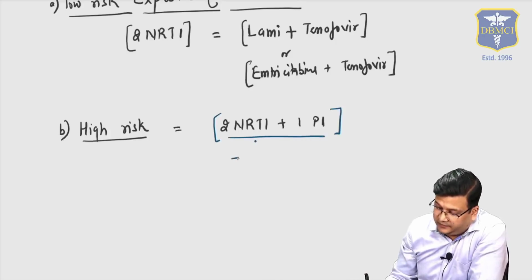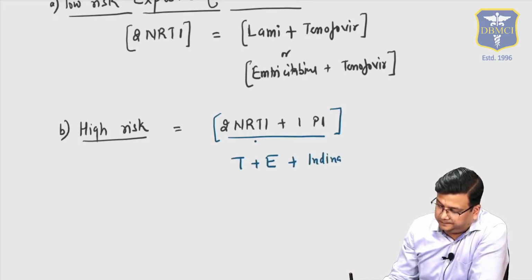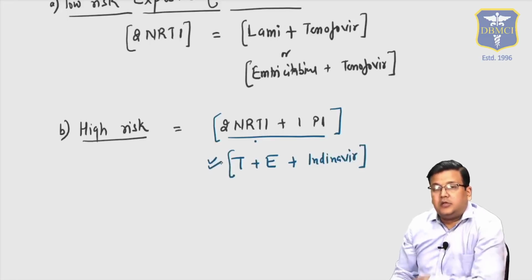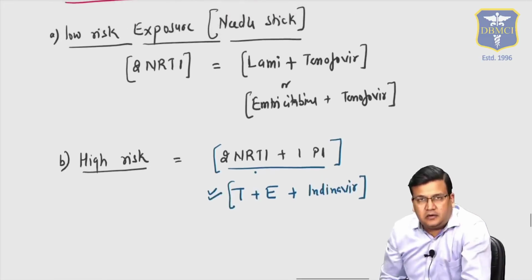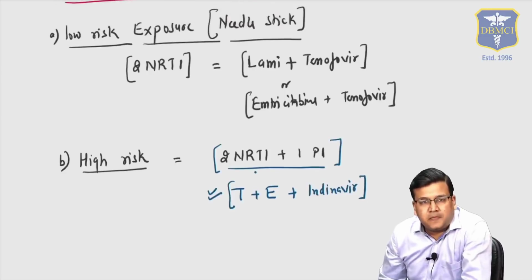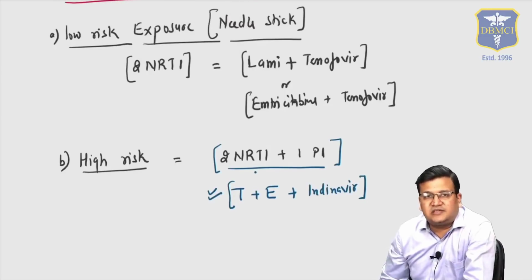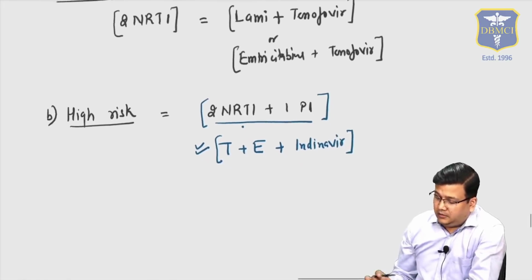So we can give tenofovir plus lamivudine plus any protease inhibitor like indinavir. So this is the drug combination to be given for prophylaxis, low risk and high risk, depending on the risk of exposure.